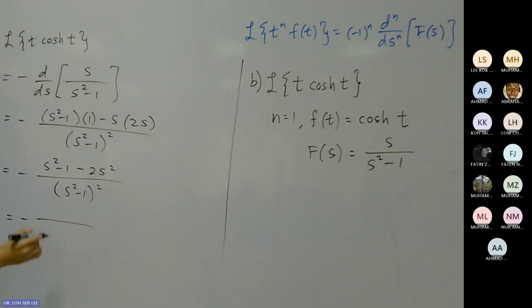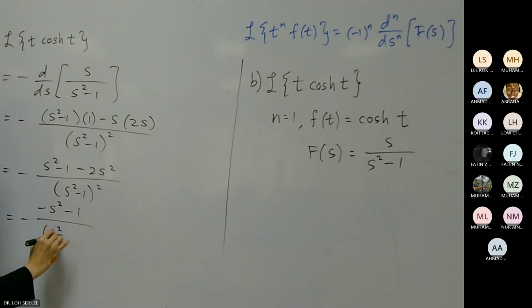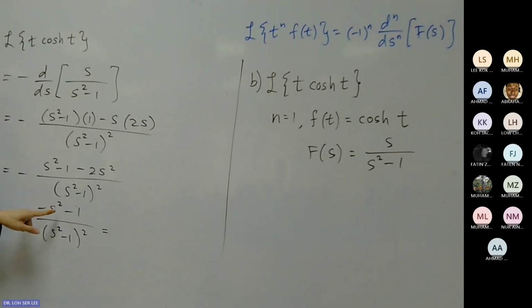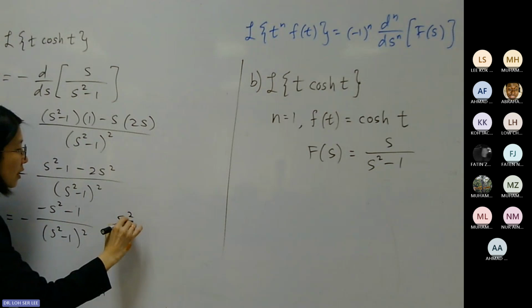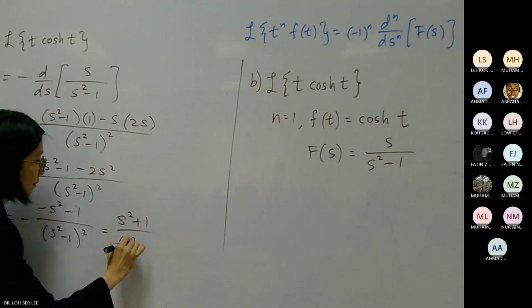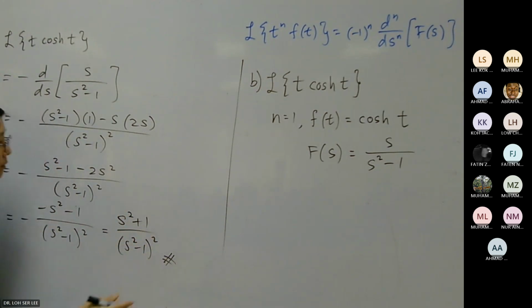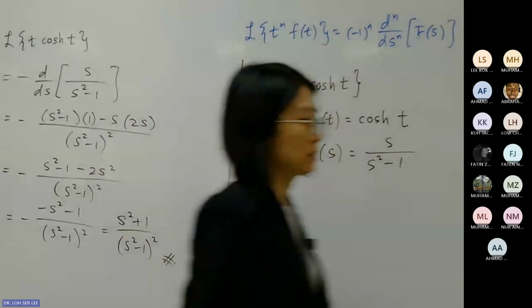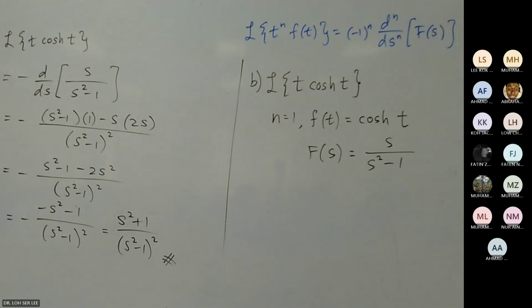S squared minus 2s squared is negative s squared minus 1. And when this is negative, you put this negative into the denominator, you have s squared plus 1. Do you get this answer?